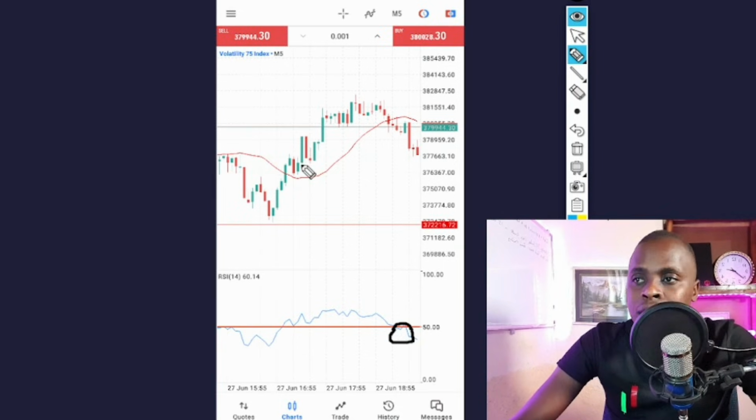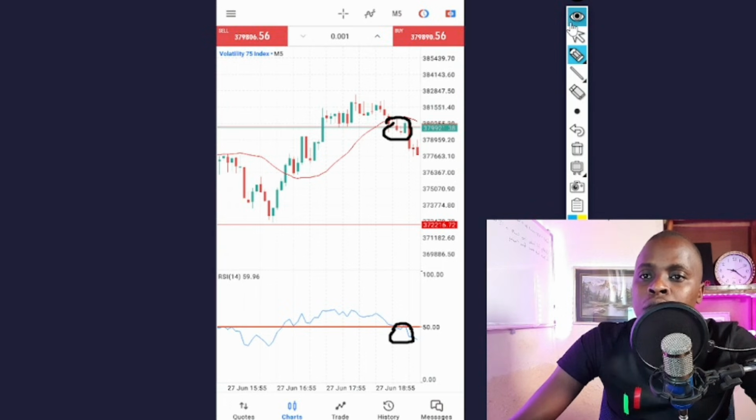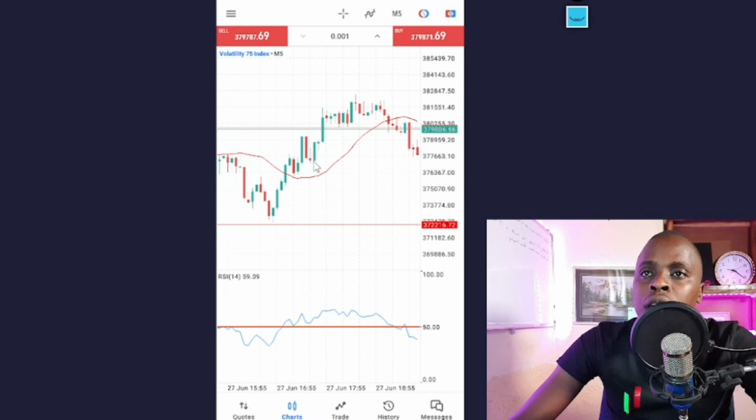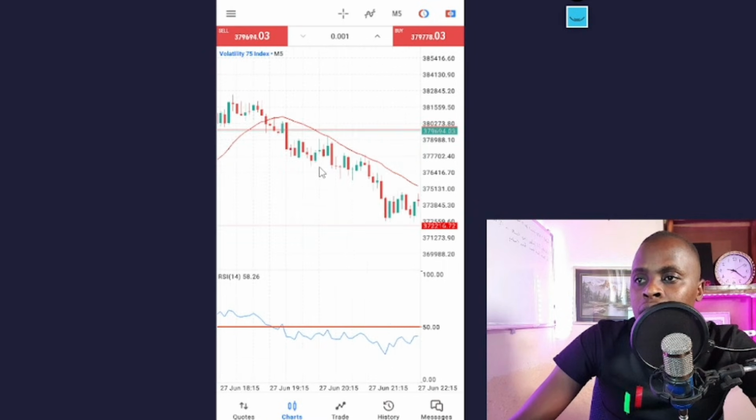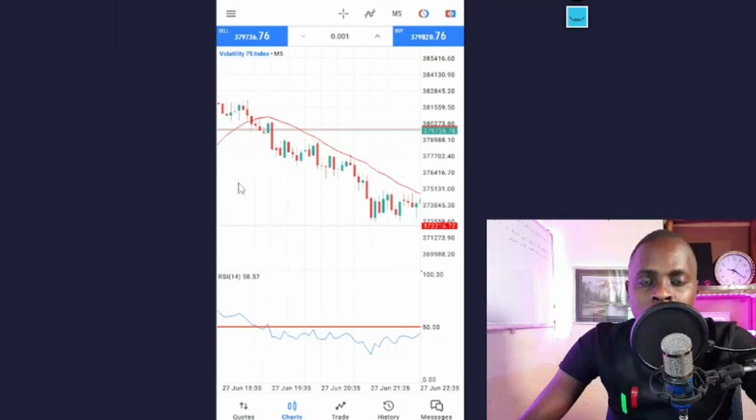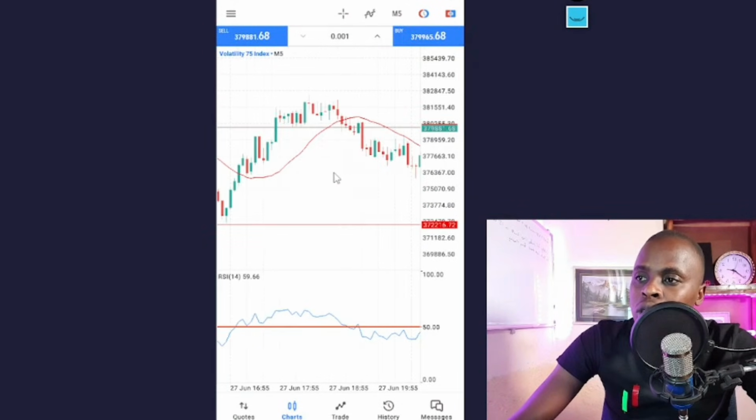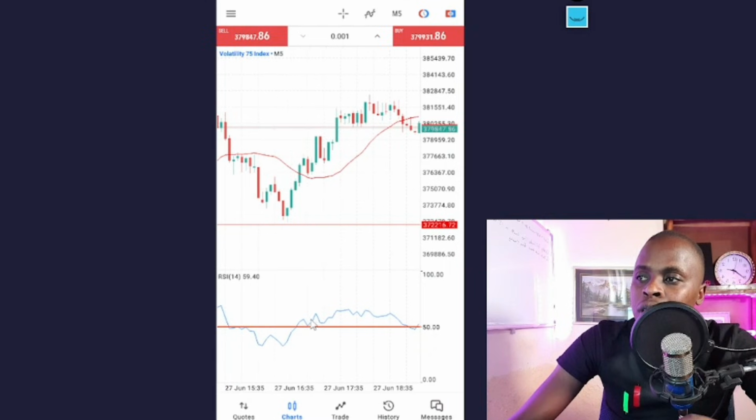And also we want to confirm by seeing the market closing below the 21 EMA, which happens right around this zone, which is exactly where you were going to sell at this point. After that, you can see that the market went on to move lower and lower and lower, right? So you just want to wait for the RSI to cross above the level 50.